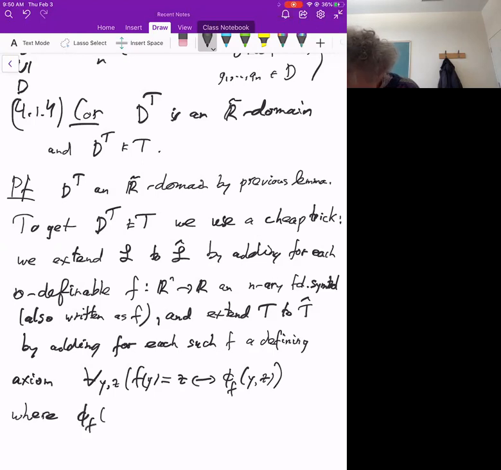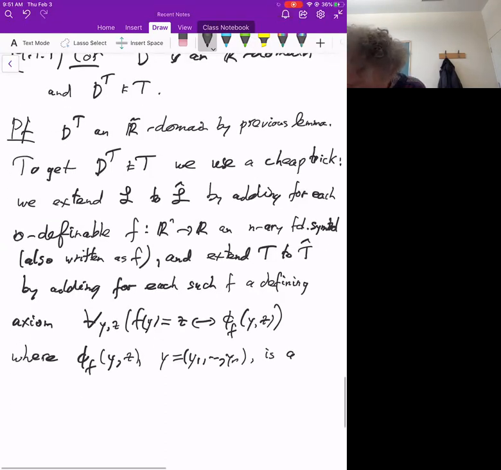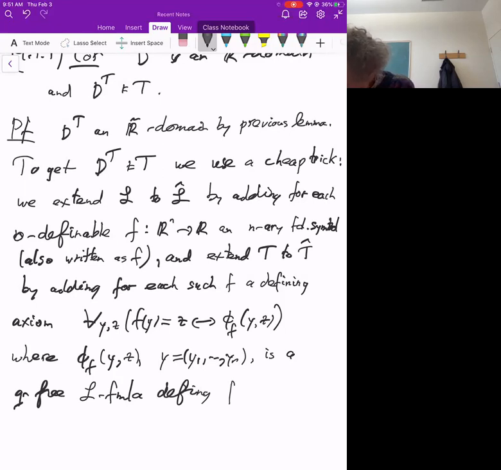Y is, as usual, y1 up to yn, and z is just an extra variable. It is a quantifier free L formula in the original language, defining the graph of f in R tilde.